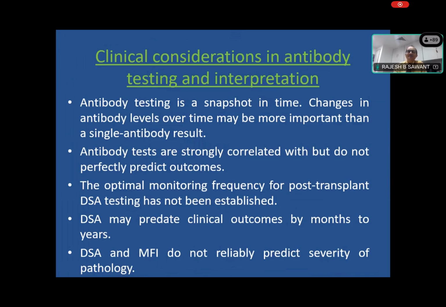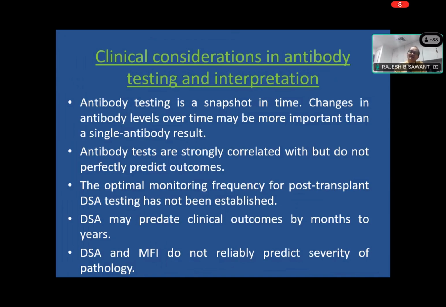The next important aspect is that antibody tests are strongly correlated with outcomes, but they do not perfectly predict them. You may have a case with a fairly strong antibody. How do we decide whether it is strong or weak based on MFI values? We have seen patients where the MFI values are about 10,000, which we consider very clinically significant, but the transplant outcome is not all that bad, and you are still able to do a successful transplant.